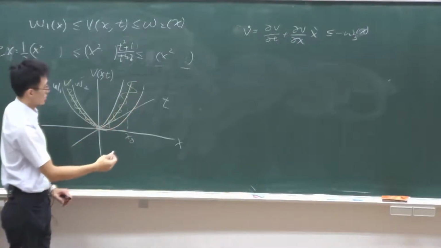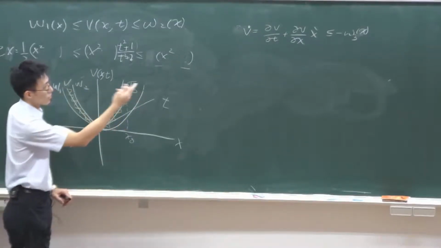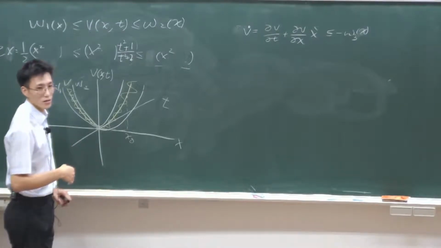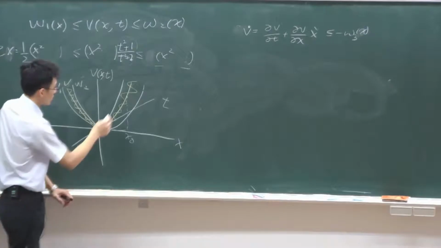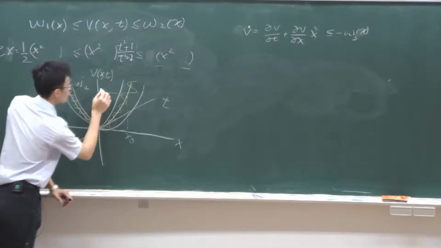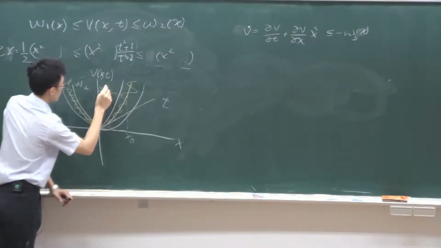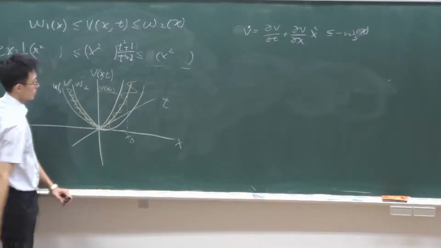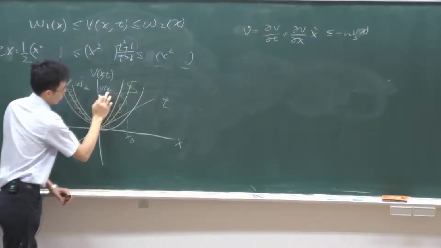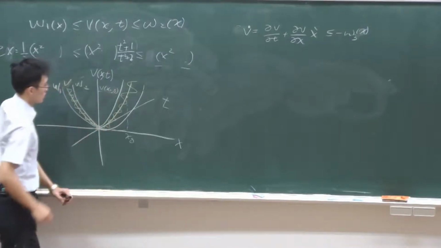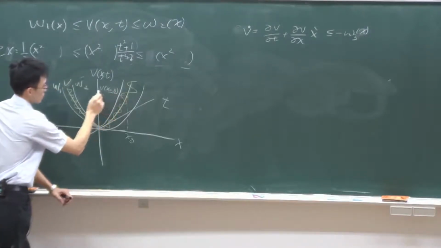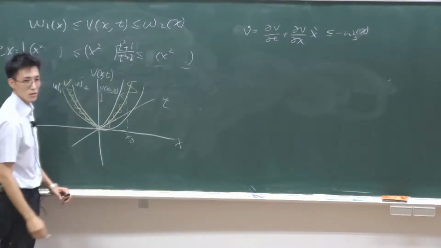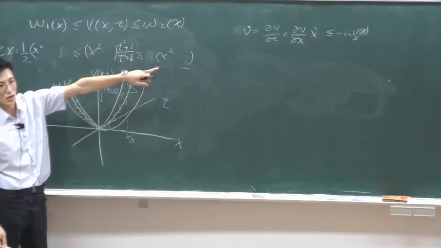So V will decrease, and the decrease rate doesn't depend on time, right? This value is V at the initial condition, when t is 0, and this value will decrease with time because of the condition.